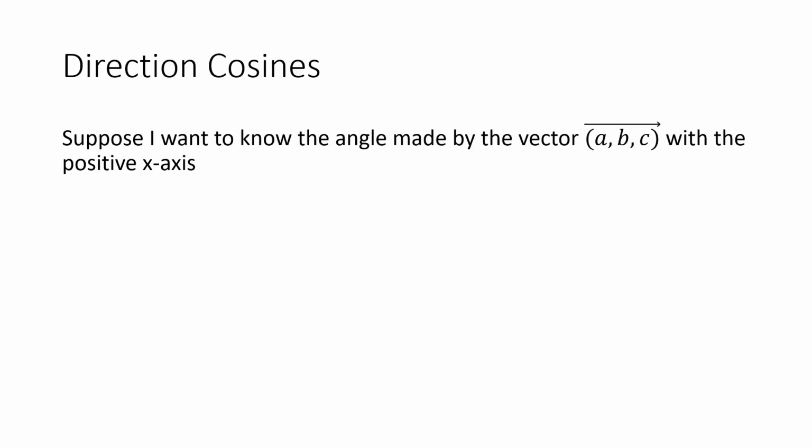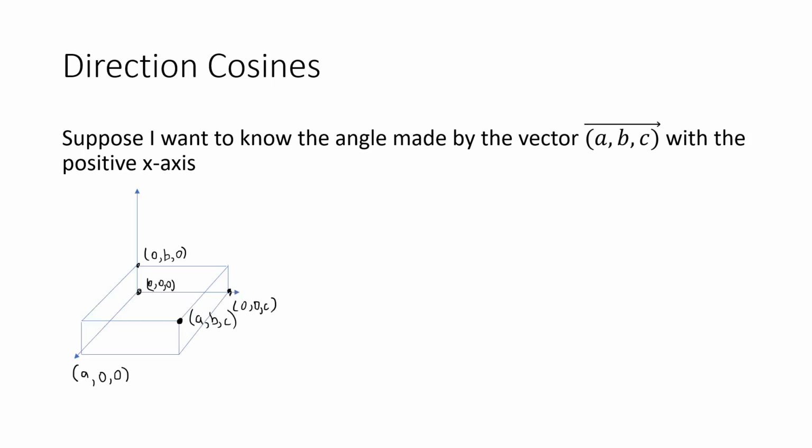Now let's talk about direction cosine. Suppose I want to know the angle made by the vector ABC with the positive x-axis. So imagine the vector ABC shown. We draw it in red. And I want to know the projection made by that on the positive x-axis. So in other words, what I'm looking for is the length of that line.